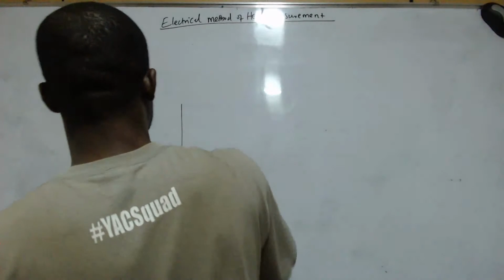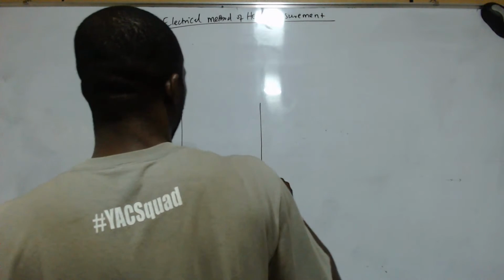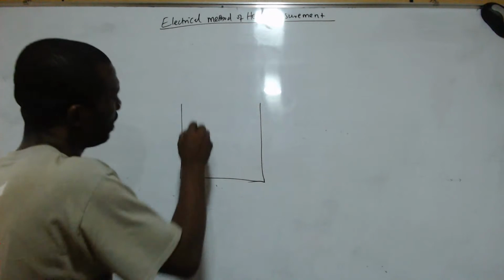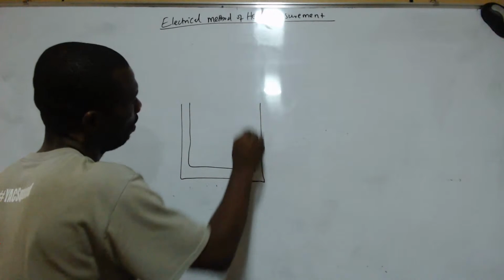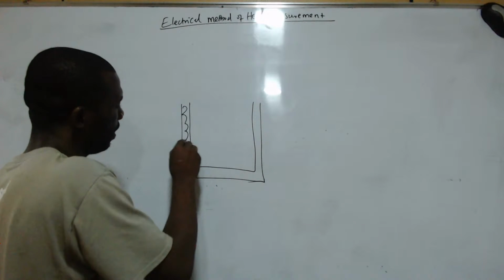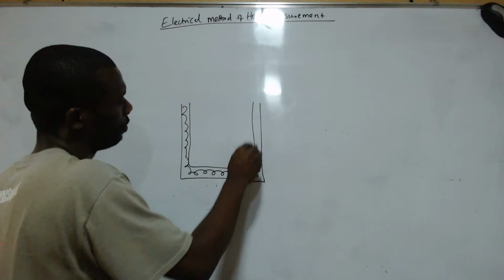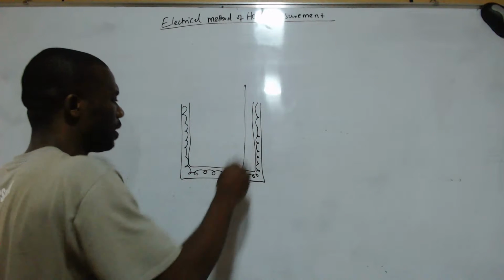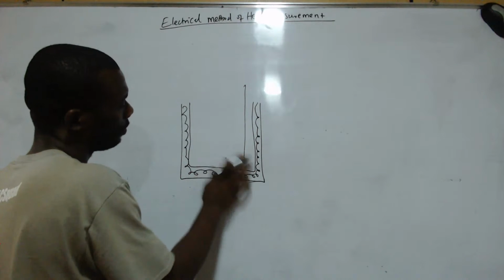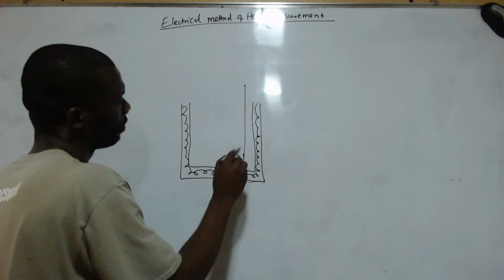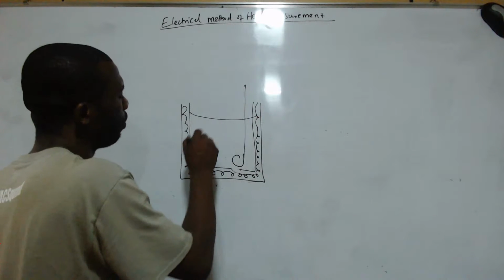We now have, let's say, this is a calorimeter. Inside the calorimeter, it's lagged. We have a stirrer. We have a liquid here.